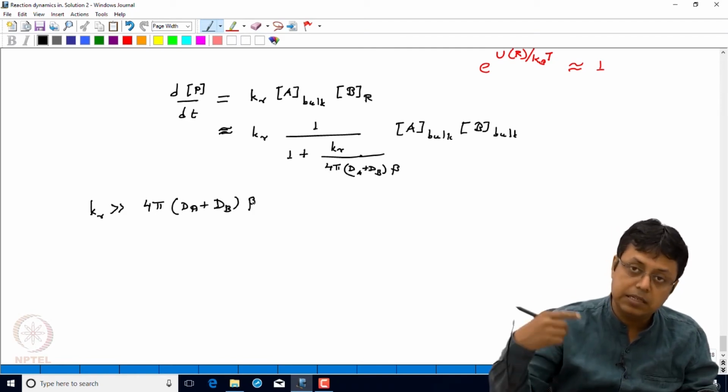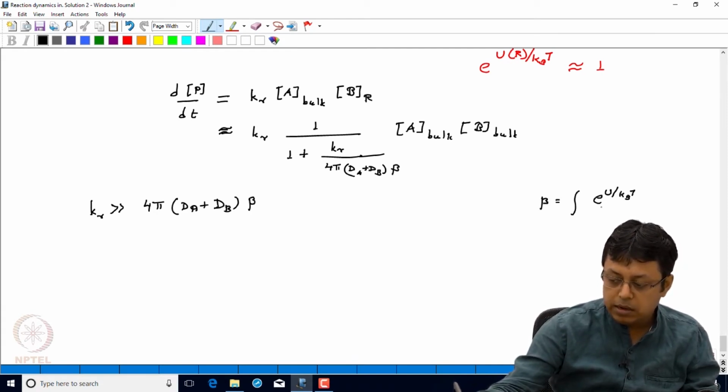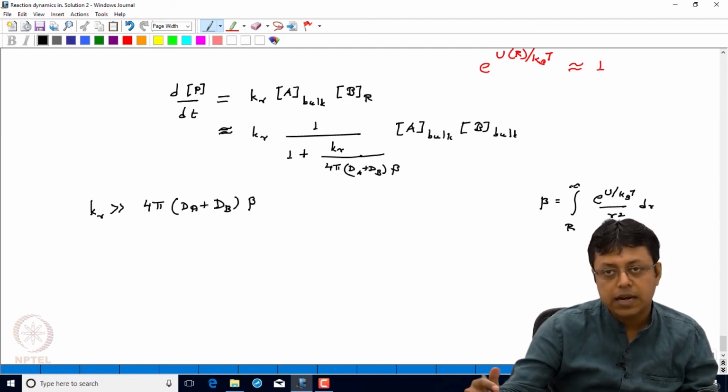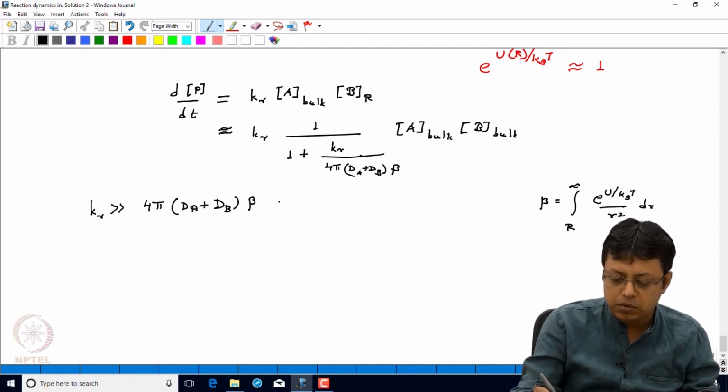And remember that beta is coming from this integration, e to the power u by kBT divided by r square dr, where r is going from the contact distance to infinite distance. And if I approximate that, then you know how to do it.